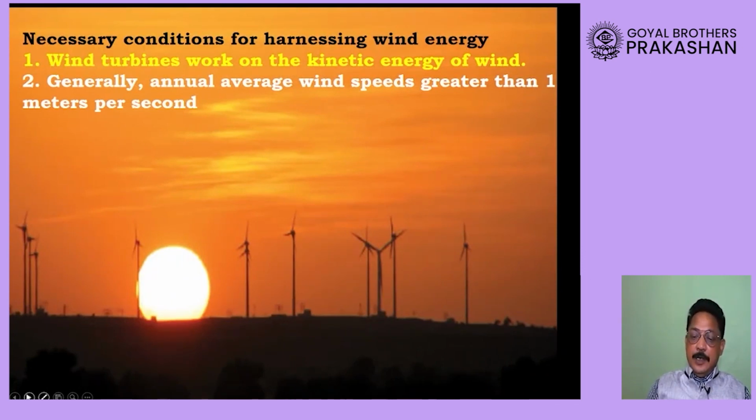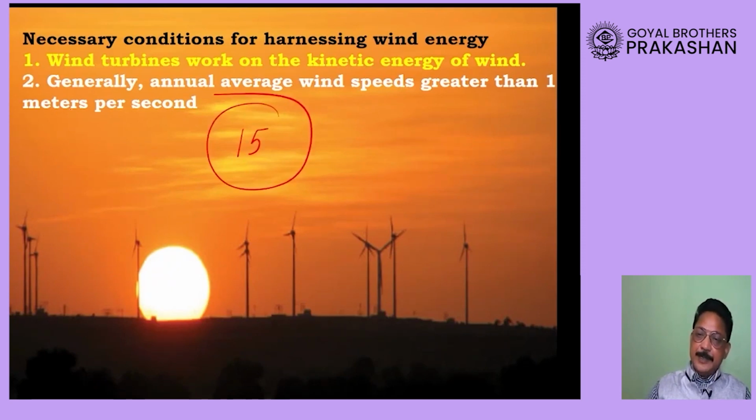Now, here you will find that the wind will play an important role in making the turbine move, which will produce electricity. Please remember, in order to produce this electricity, generally a place where the wind speed is 15 kilometer per hour. Such places are selected for generating electricity.